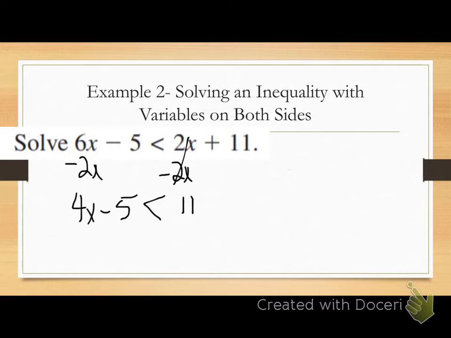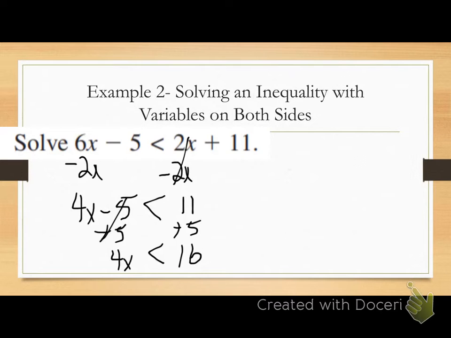So what's my next step to get x by itself? Add 5 to both sides. What's 11 plus 5? 16. Does my symbol flip or stay the same? Stays the same. And raise your hand if you can give me my last step to solve this inequality.